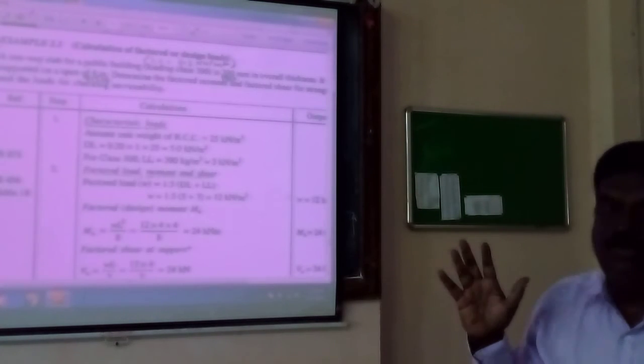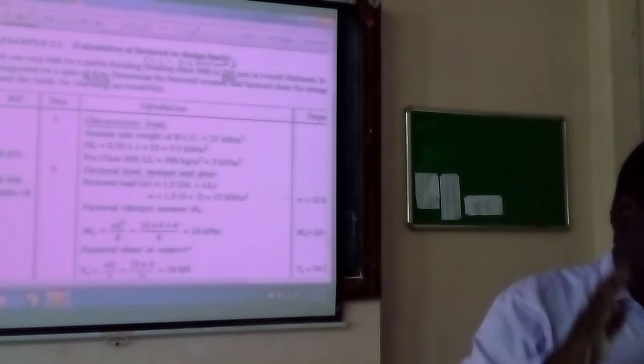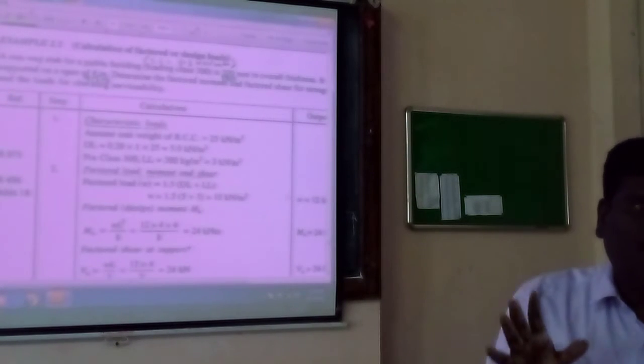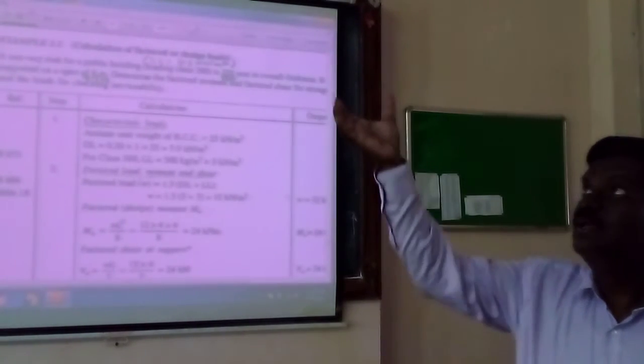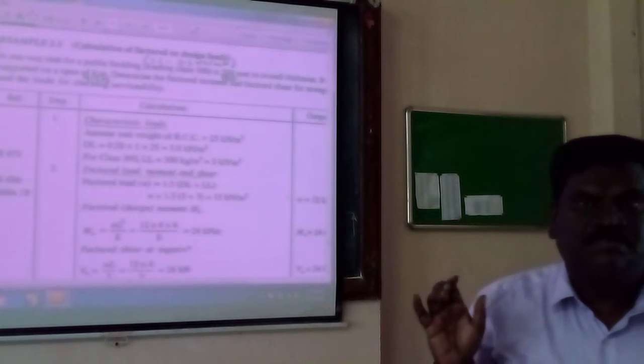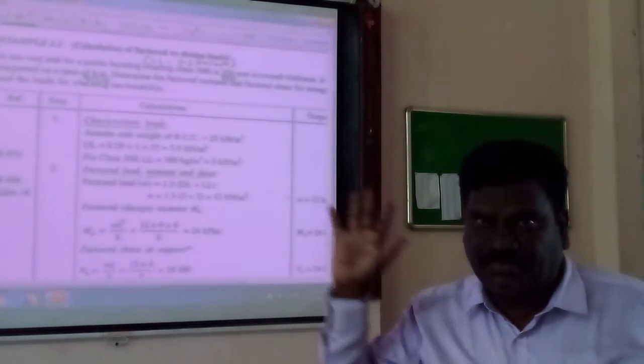Now we have to compute the dead weight, the dead load, the self weight of this slab. For that, assume this is a one-way slab and consider a 1 meter wide strip of the slab. You can write down: consider 1 meter wide strip of the slab.